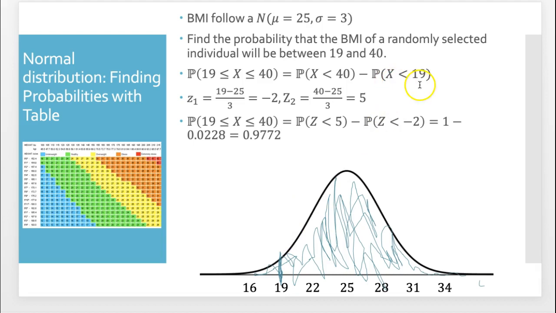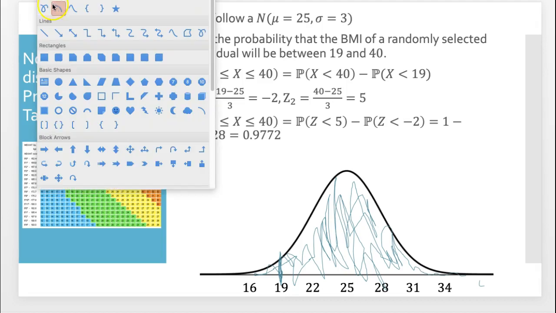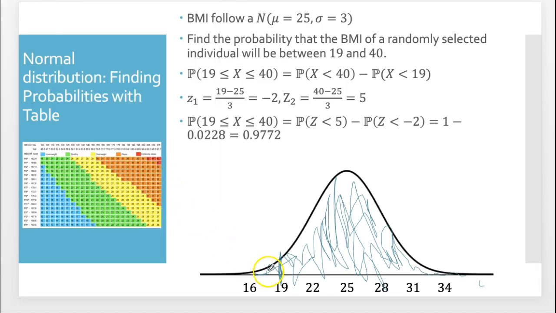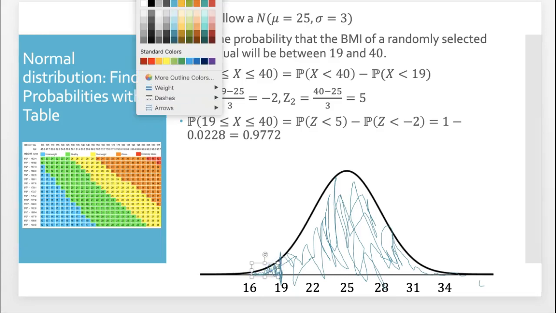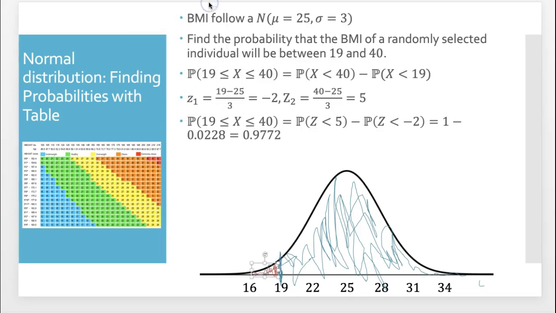This is the probability of x less than 19. It's all of this in here. So what that looks like is like that right there.